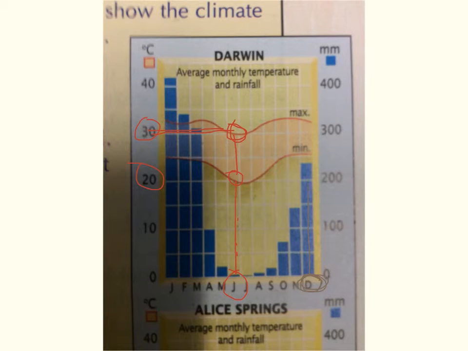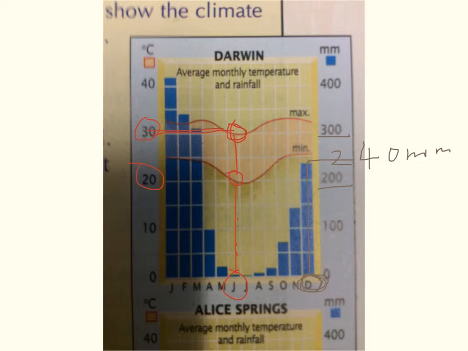Have a look up where the bar finishes and then measure it off the scale. So we've got more than 200 but less than 300. We might estimate here that we've got around about 240 millimetres of rainfall that occurs in the month of December for Darwin.